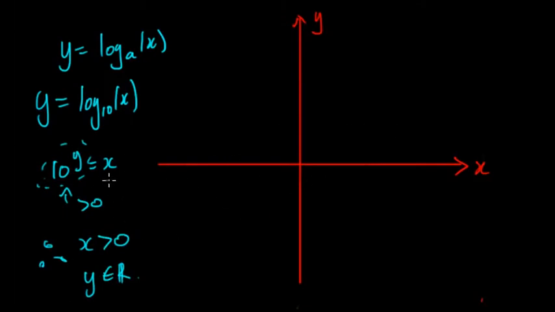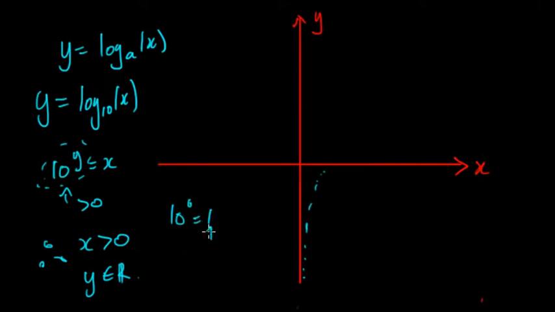Then when x is really, really small, to achieve this, y has to be very, very negative. So when x is small, y has to be negative, something like this. Then when x is equal to 1, y has to be equal to 0. That's because 10 to the 0, or any number to the 0, will equal 1.